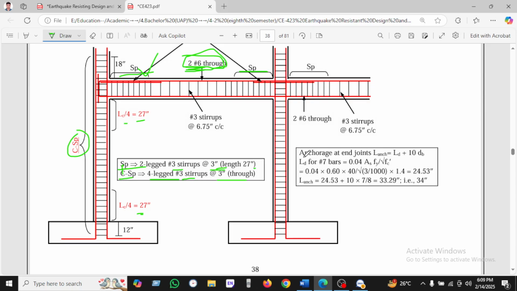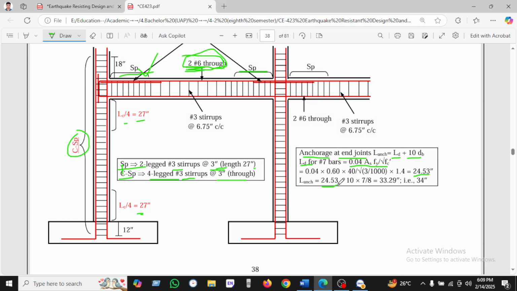Another thing here is the anchorage at the joint: LC development plus 10D. For the development length of the bar we use the formula with fy divided by root f'c, and found the development length is 24.53.